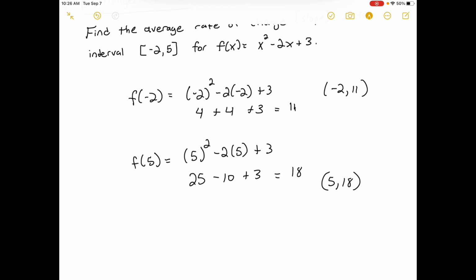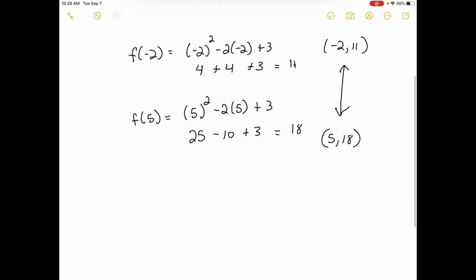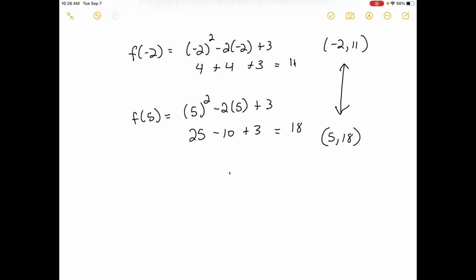And so we're looking at the slope from -2, 11 to 5, 18. Alright, so you could plot the points if you wanted to, -2, 11 and 5, 18. It's going to give me a positive slope.